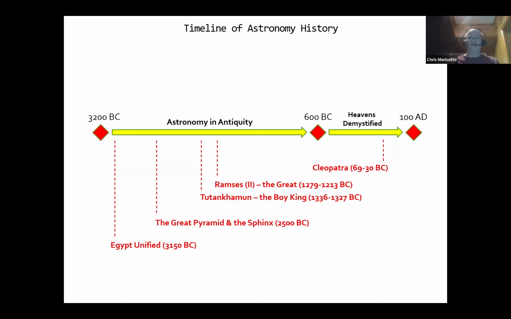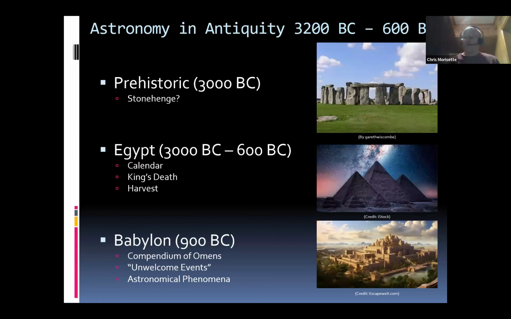As you can see from this one, we have a very Egypt-centric set of milestones, starting with the unification of Egypt, going all the way up to Cleopatra, right near the birth of Christ. And as well, just showing you some of the rulers and accomplishments that happened during that period of time.